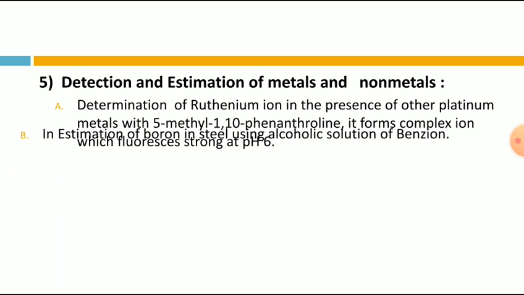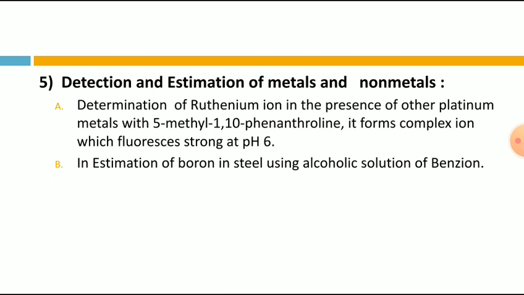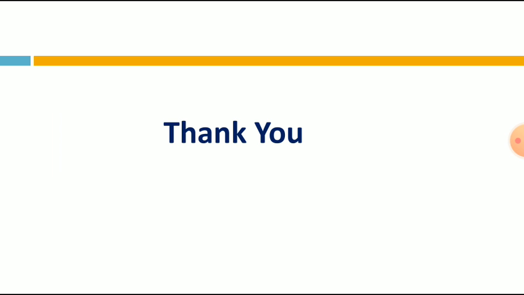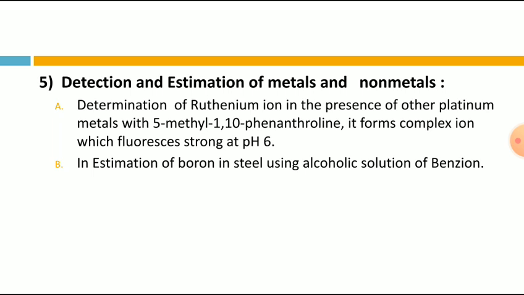Now part B: estimation of boron in steel using an alcoholic solution of benzoin. That means the steel sample can be treated with an alcoholic solution of benzoin, which will be useful for the identification of boron in steel. Okay, this is the last application of fluorimetry.